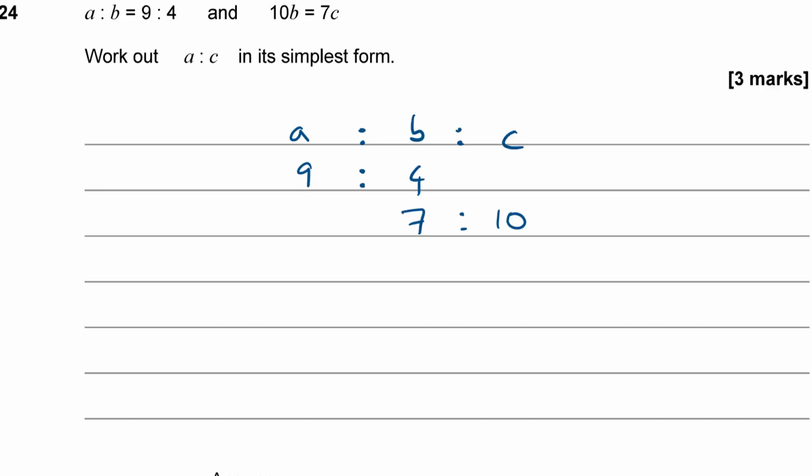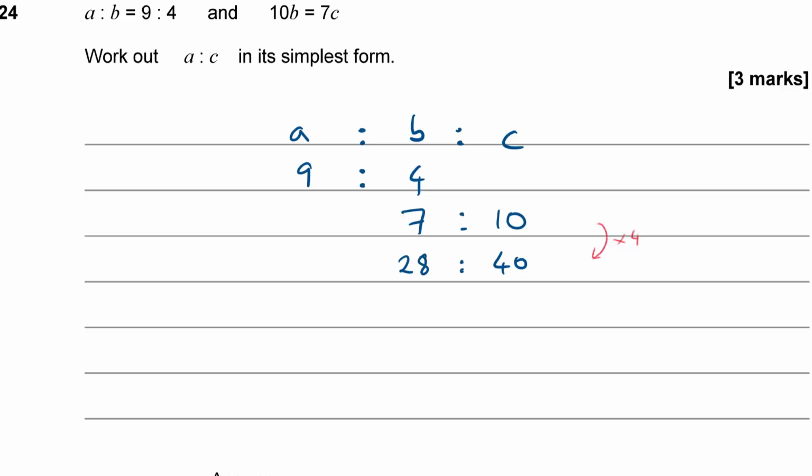So if I make this one 28 here, then I would get that by taking my ratio of 7 to 10 and times it up by a scale factor of 4. So that means my C value there must be 4 times 10, be 40. So my ratio of B to C of 7 to 10 is the same as the ratio of 28 to 40.